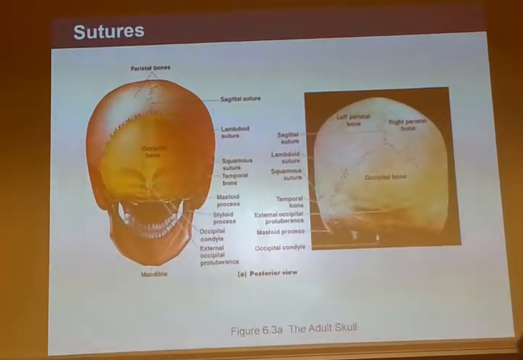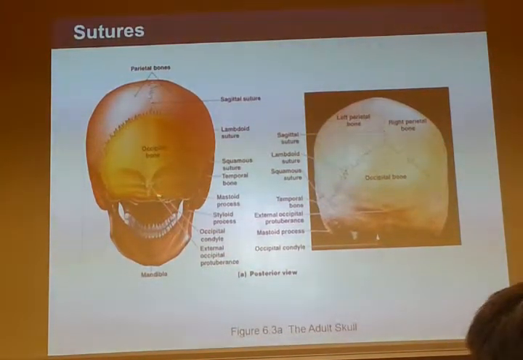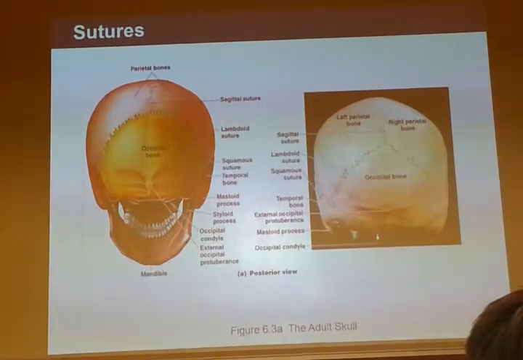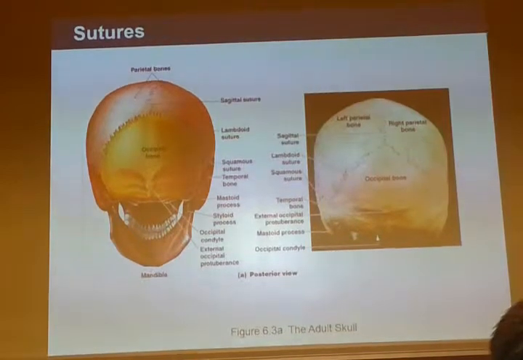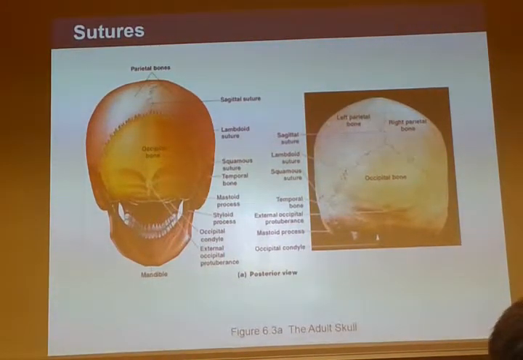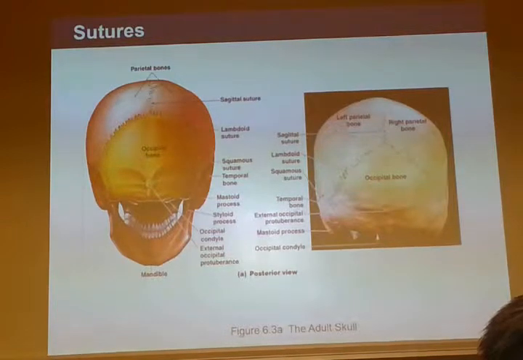You look at the skull from the back. The occipital bone has multiple muscles and tendons attaching to it, also elastic ligaments attaching to them. And so when you use your neck and muscles, you get elevations and protrusions on the occipital bone. The external occipital protuberance, if you see the term external, what does it tell you?